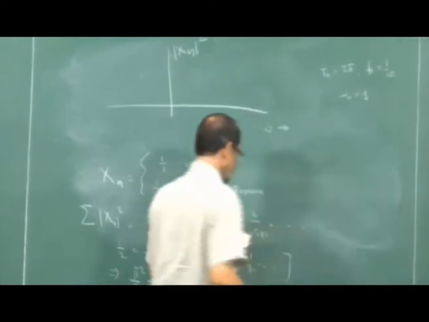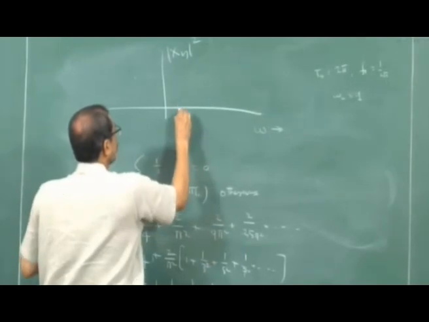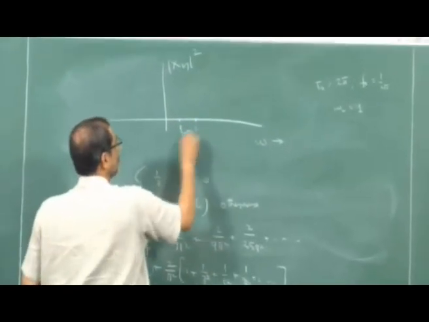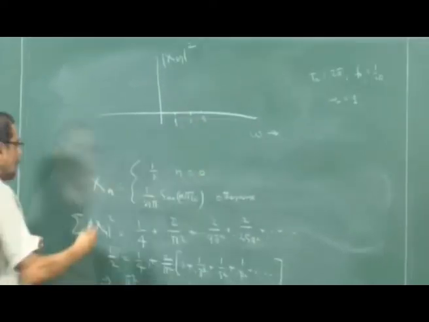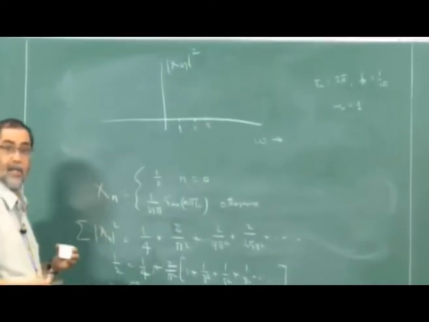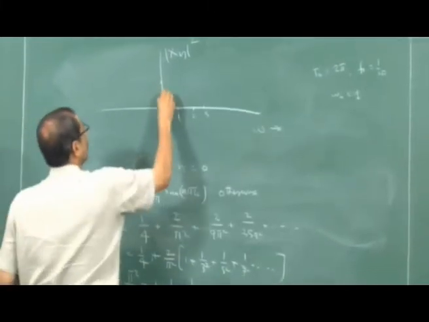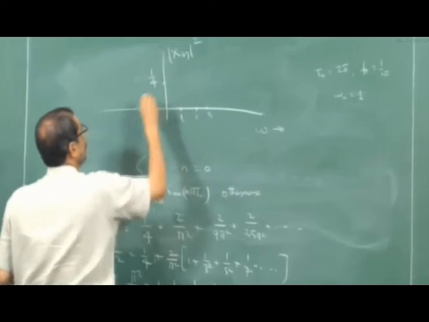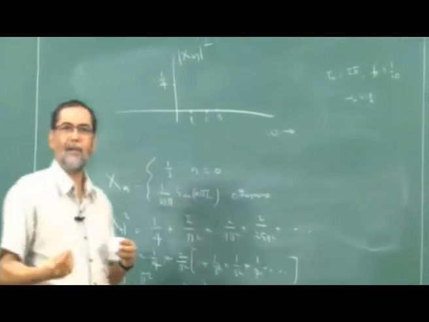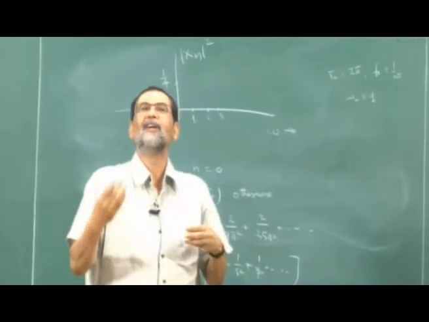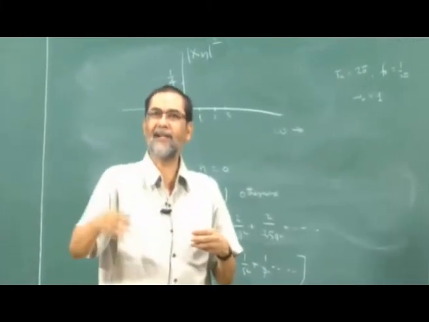So n equal to 1, I have omega equal to 1, n equal to 2 I have omega equal to 2, n equal to 3 I have omega equal to 3. First, for n equal to 0, this is 1/4. Remember the total power is half, and in this case half of that is present in DC itself.